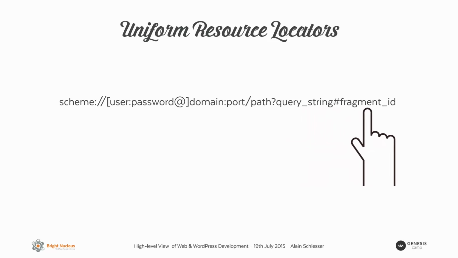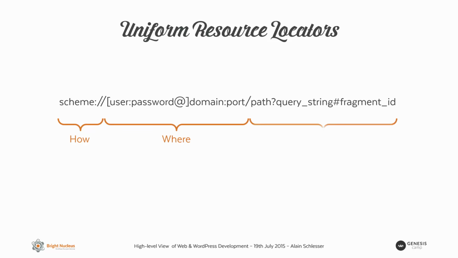Last but not least, we have the fragment identifier, which allows you to request a specific part or section within the resource. Within HTML files, you can target anchor elements or ID attributes with this identifier. The browser will then immediately scroll to the specified location within the document. For each request, this URL specifies how you want to retrieve, where you want to retrieve, and what you want to retrieve.